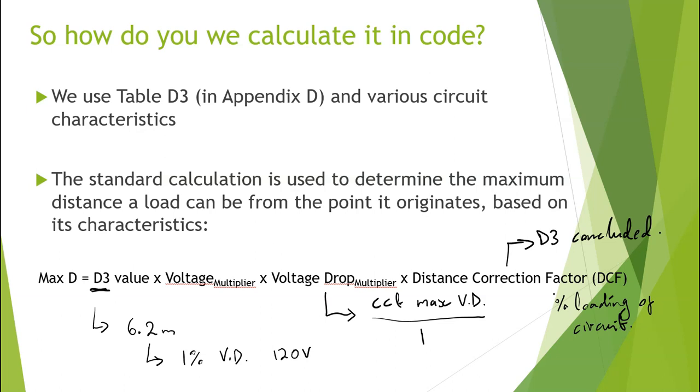The greater the percentage loading, the less of a multiplier we will get from our DCF, or distance correction factor. The other thing that the DCF is based upon is the actual temperature rating of the conductors themselves. And so we'll take a look at how that breaks down when we do an example.